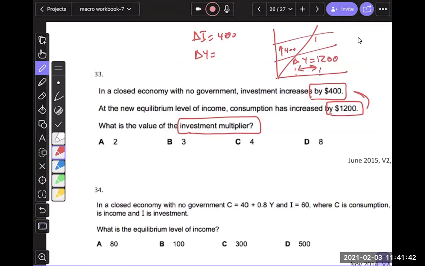So the answer is change in Y over change in AE, 1200 over 400. So 3. Make sense? So that's how it is.